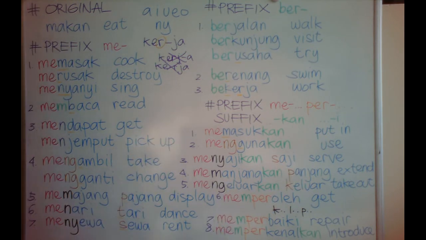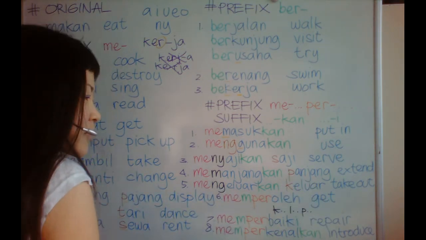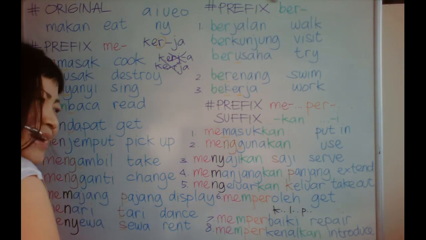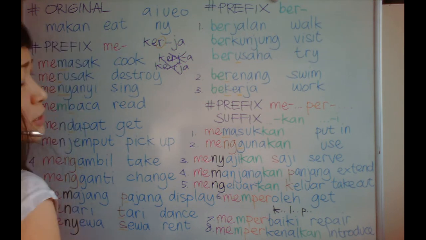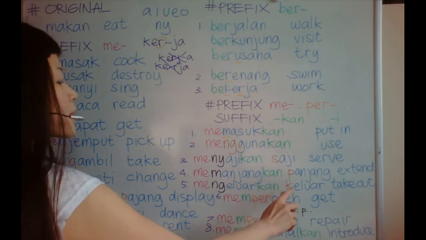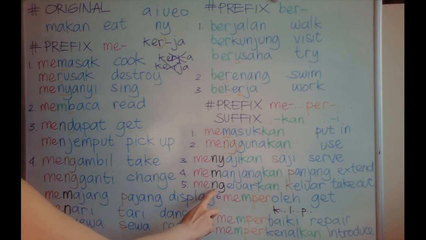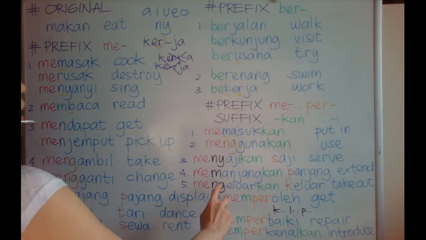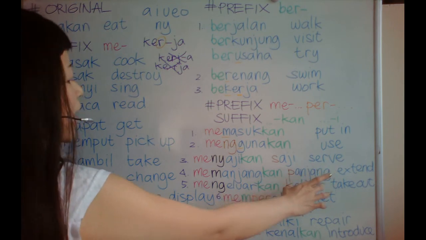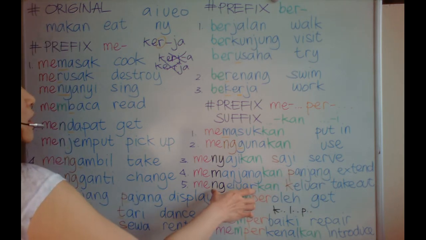Number 5, keluar is exit, but to say take out, you cannot say keluar because it's exit. But the K has to change. And then from keluar, it becomes ngeluar.